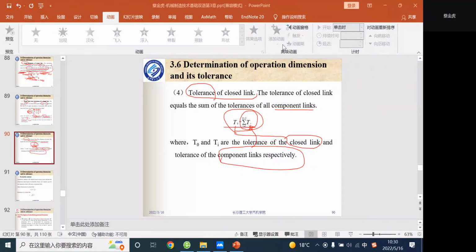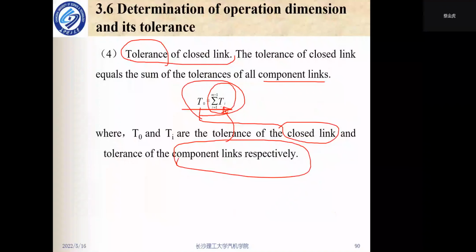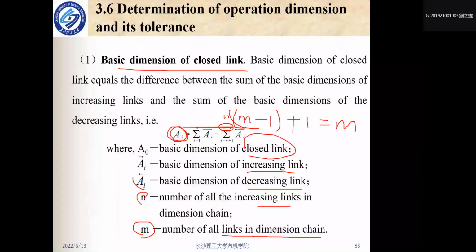So let's get back to the class. This chapter may be somewhat difficult because there are a lot of equations.